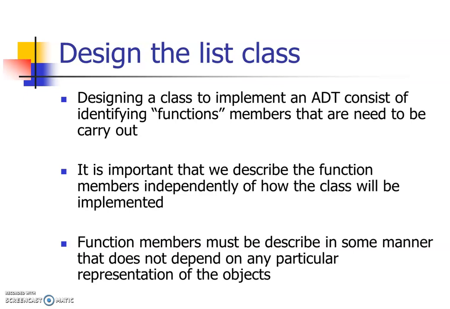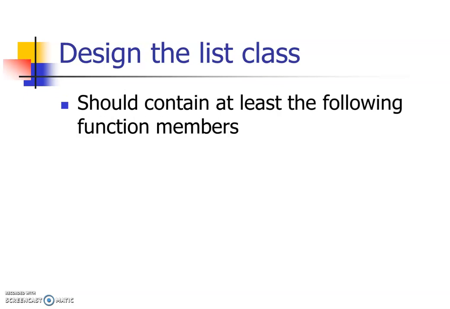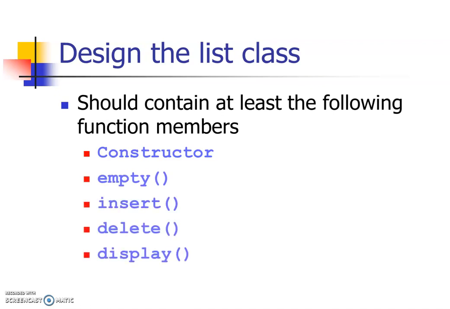Function members must be described in some manner that does not depend on any particular representation of the objects. So, the design of the list class should contain at least the following function members: constructor, which creates the space; empty function, a Boolean function; insert, delete, and traverse, which can also be described as display, showing all the items over there.